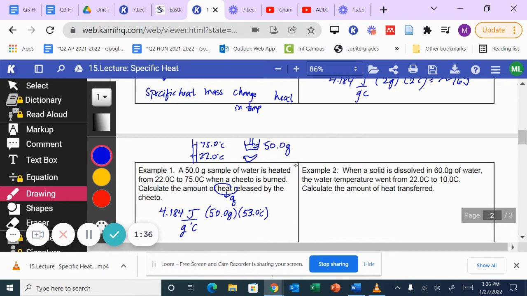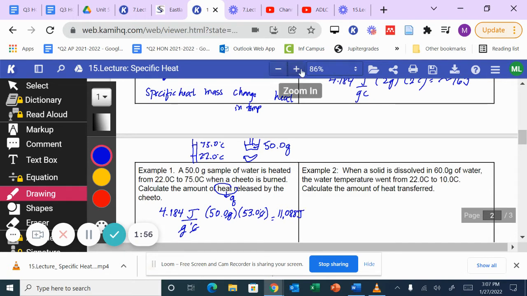Okay, when you multiply this, the grams cancel, the Celsius cancel, and you're going to end up with joules. So here the joules is about 11,088 joules. With sig figs, it's about 11,100.